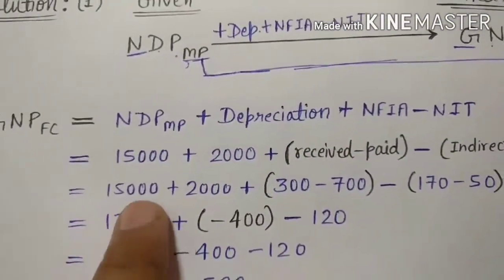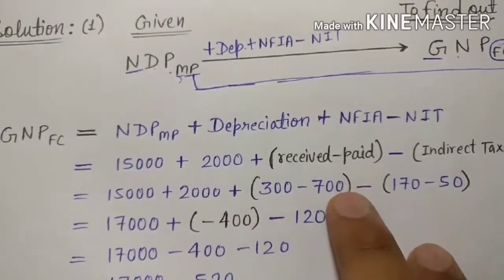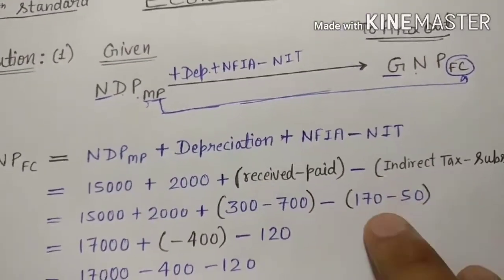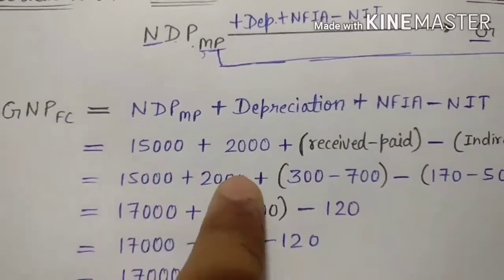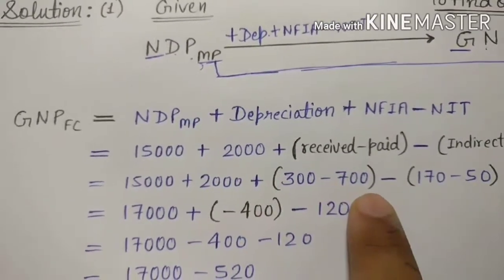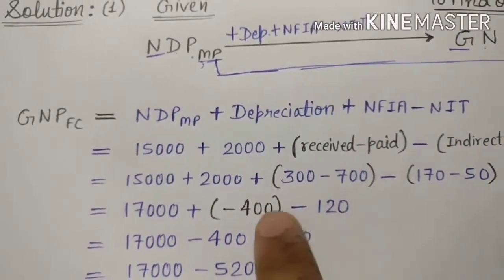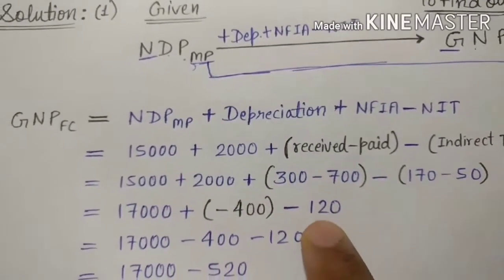So we put in the values: 15,000 plus 2,000, plus 300 received, minus 700 paid, minus indirect tax 170 plus subsidies 50. So 15,000 plus 2,000 is 17,000. 300 minus 700, as 700 is bigger than 300, becomes minus 400. Then 170 minus 50 becomes 120.